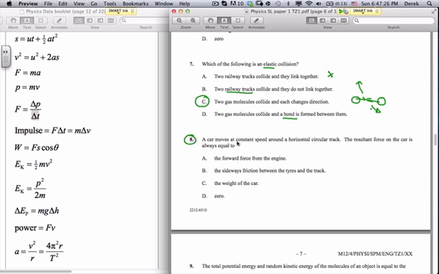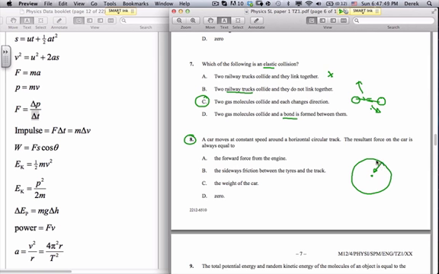Question 8. A car moves at constant speed around a horizontal circular track. So we've got it going around a track at a constant speed. The resultant force on the car is always equal to, now the force is always inwards, because it's going at a constant speed.